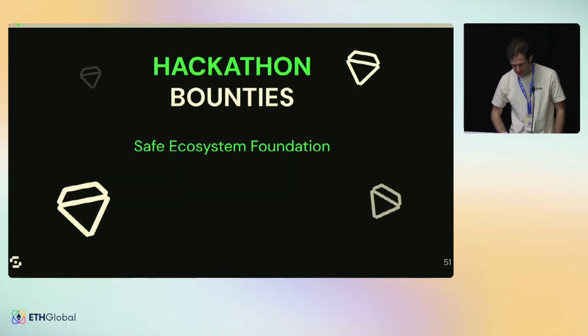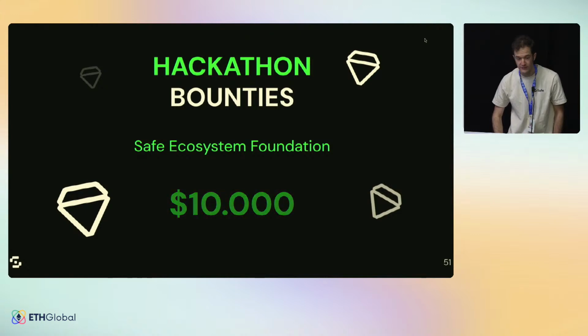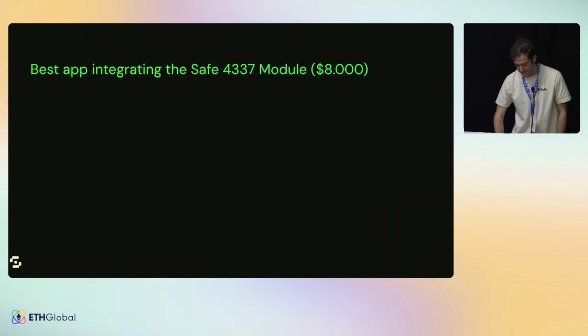And for the hackathon bounties, we have two of them. We have $10,000. The best one, which has allocated 8K, is for the 4 best applications that integrate the Safe 4337 module.